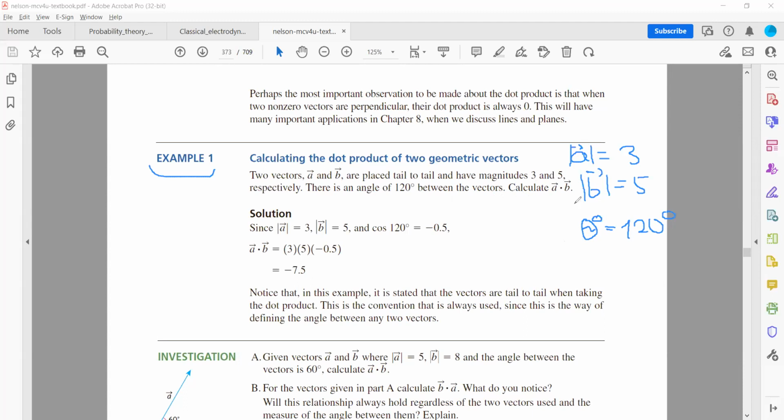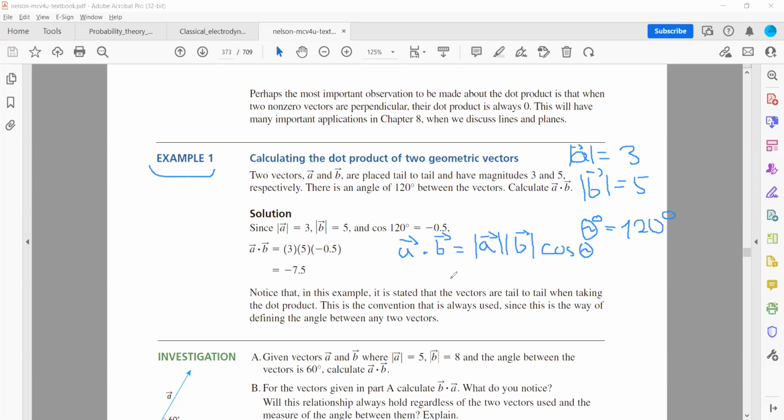So we have to calculate the dot product of A and B. Let's remember, the first thing we do is write a formula for the dot product of two vectors. Vector A dot product vector B, or scalar product, whichever way you prefer, equals the magnitude of vector A times the magnitude of vector B times cosine theta.